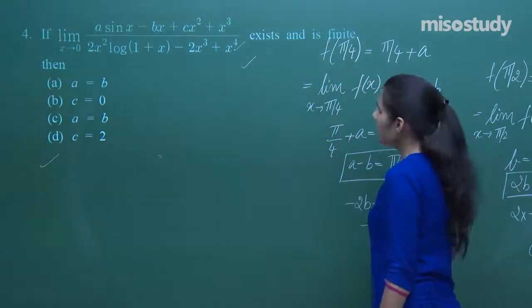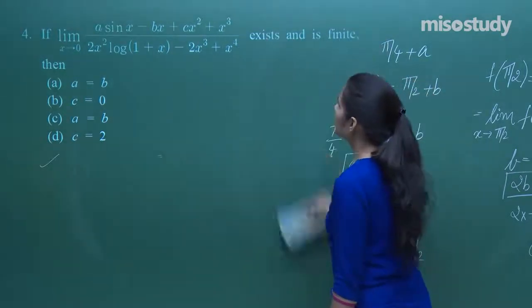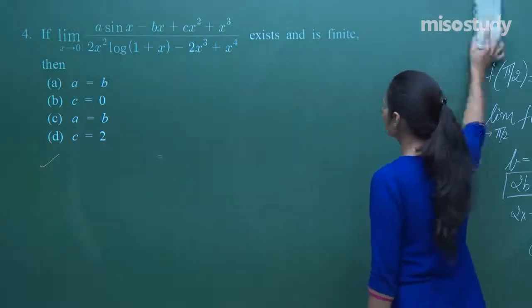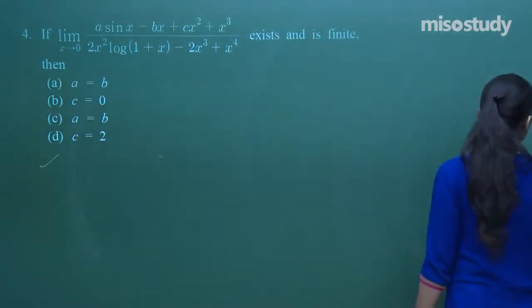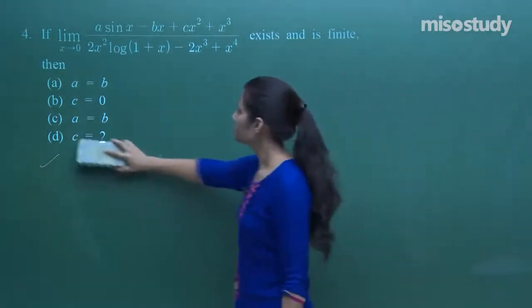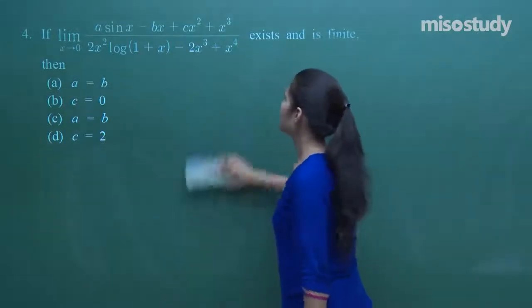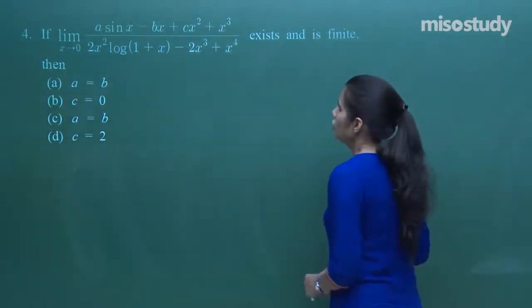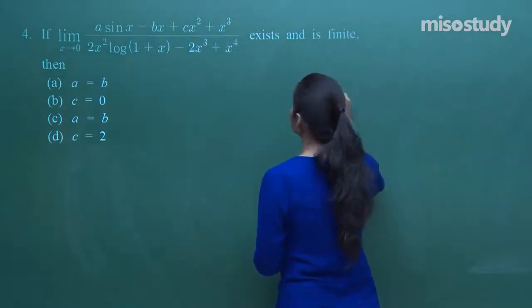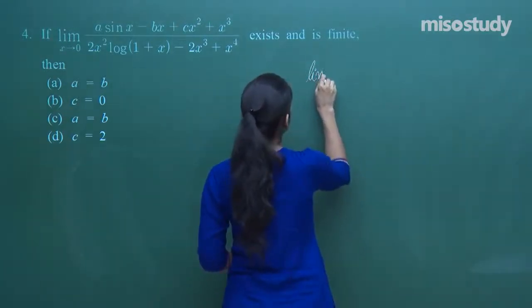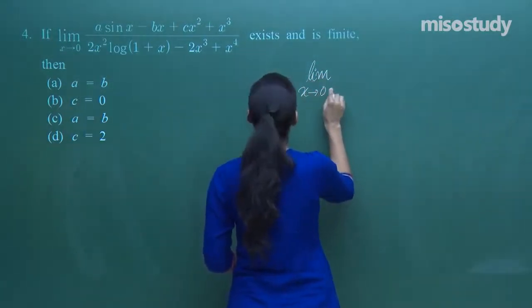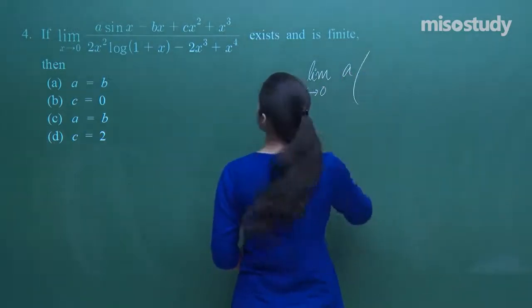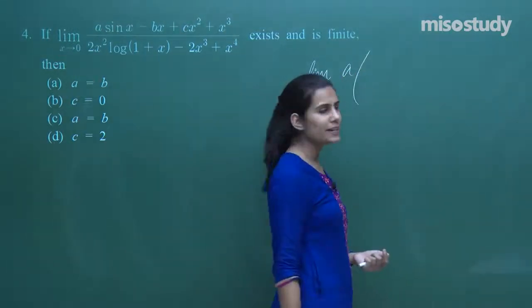If limit x tends to 0 of this function exists and is finite, it's very important to realize when can you say that the limit of a function at a certain point is finite. What do you think? Over here, let's try to understand how are we going to evaluate this limit. This is a sin x. I can just talk about the expansion of sin x.